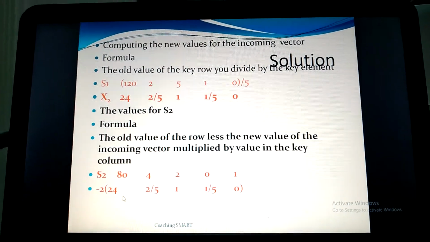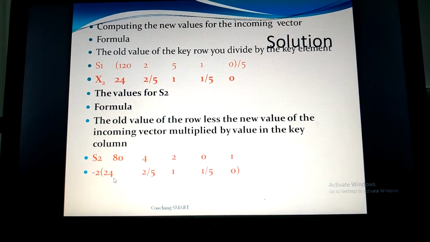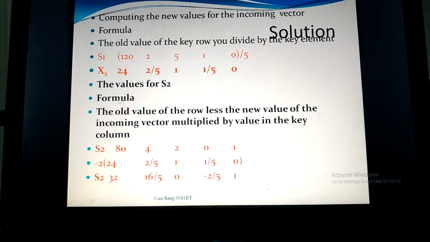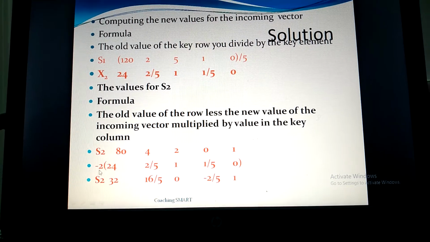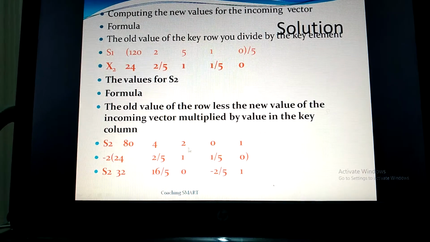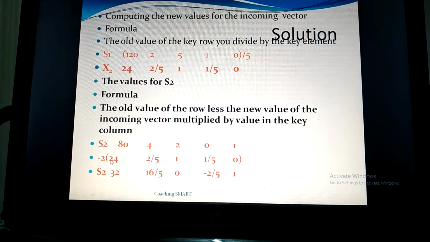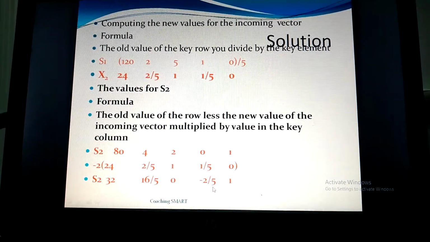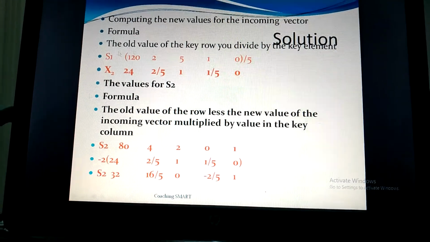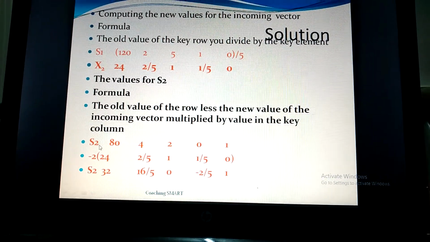So 80 minus 48 you get 32. 4 minus 4 over 5, you get 16 over 5. 2 minus 2, you get 0. 0 minus 2 over 5, you get negative 2 over 5. 1 minus 0 is 1. So the new value for S2 is 32, 16 over 5, 0, negative 2 over 5, and 1.